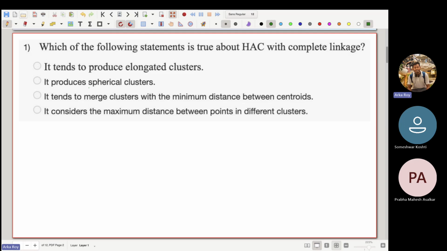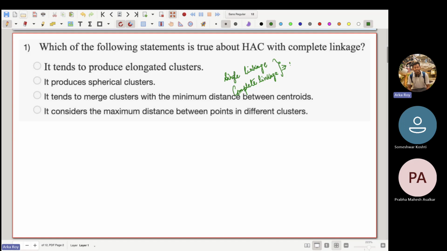So the first question states: which of the following statements is true for HAC with complete linkage? So there are different sorts of linkages that you'll see, for example, single linkage and complete linkage.